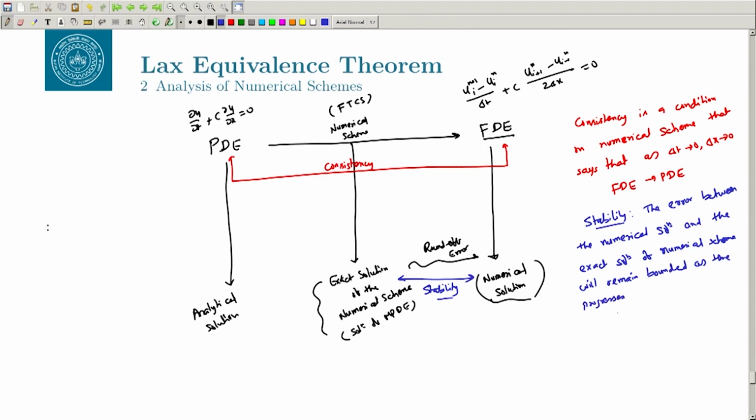So, let us say I define the error which is epsilon s, this is the stability error.